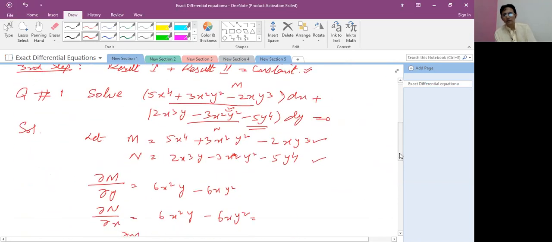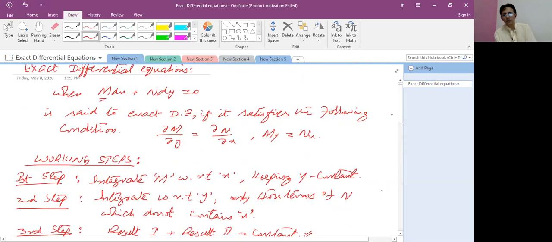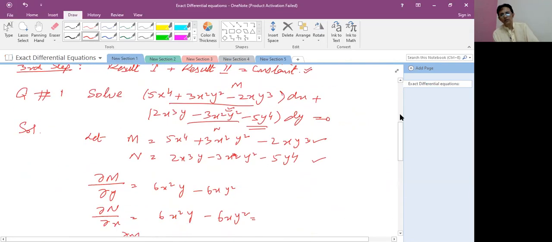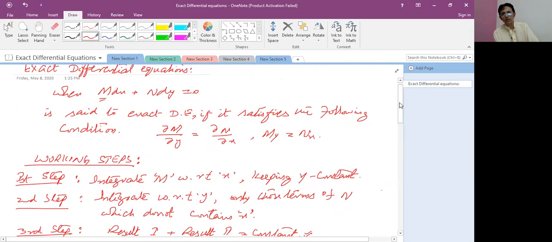In the next step, equations reducible to exact differential equations, which means the given differential equation is non-exact. Then we convert it into an exact differential equation, so it has 3 rules we have discussed today. Today we have discussed all 3 rules and 3 applications.